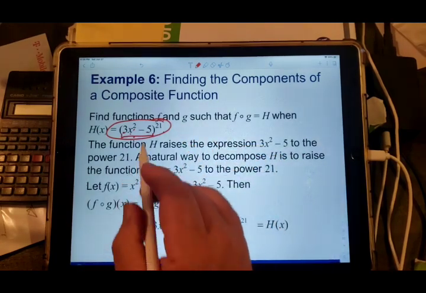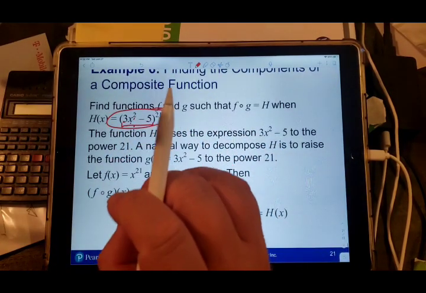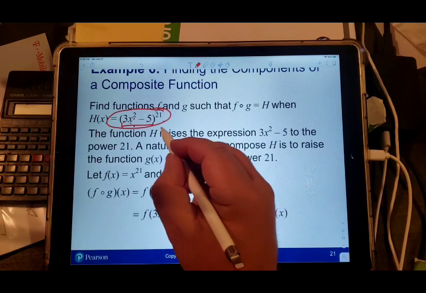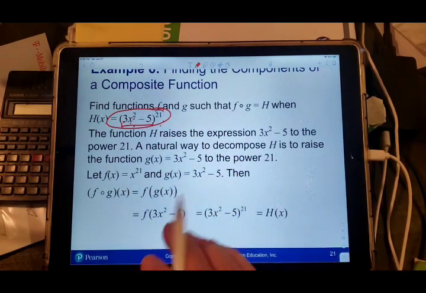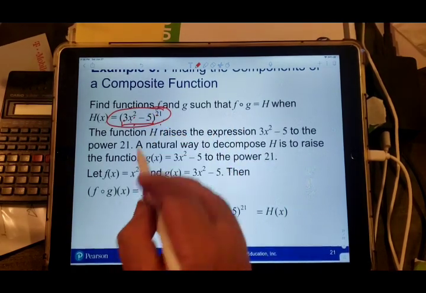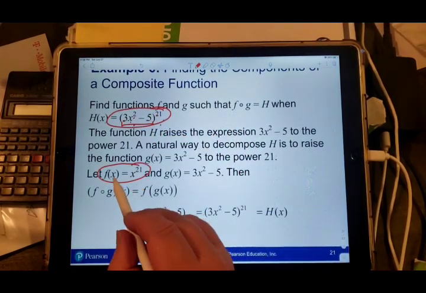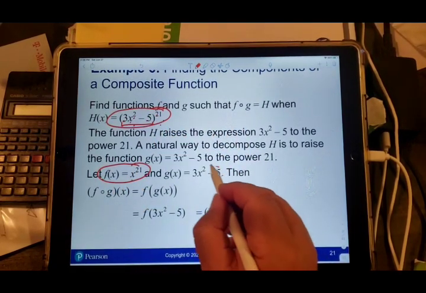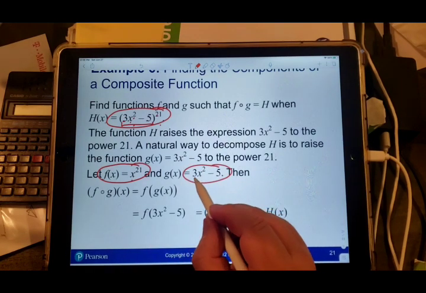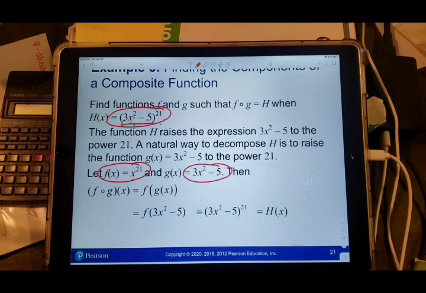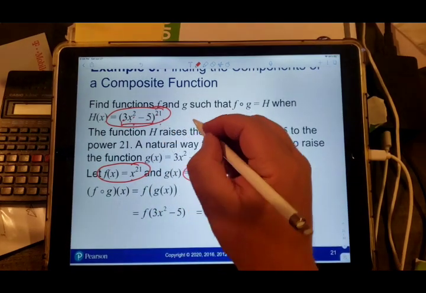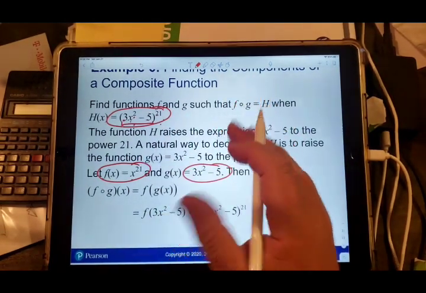All right, so they're saying, get used to the idea of taking this and seeing it as the composition of two functions, where the outside function is argument to the 21st power, and the inside function is 3 times the argument squared minus 5. So that's really it.